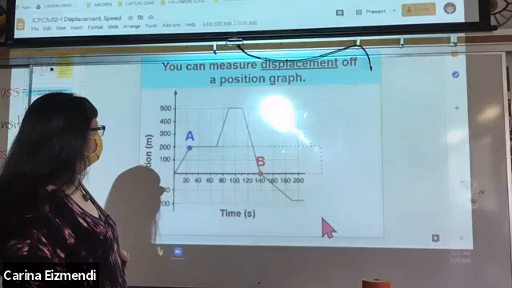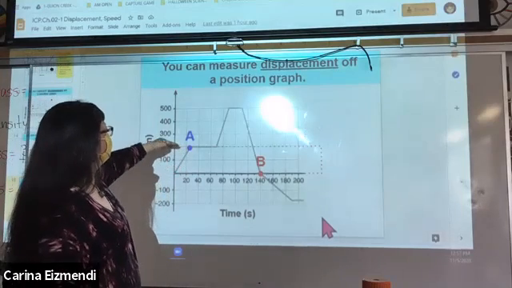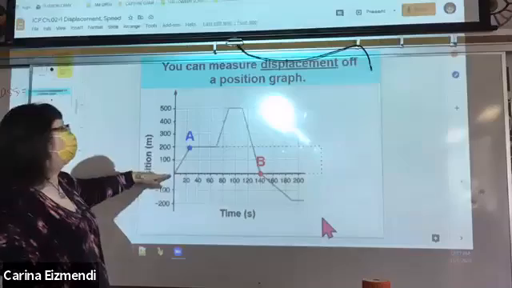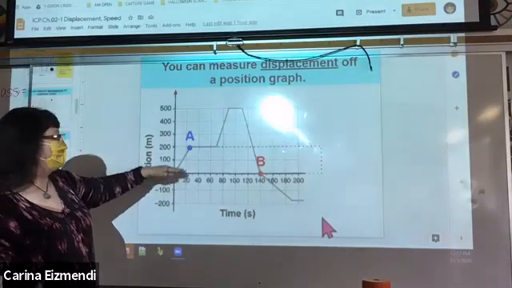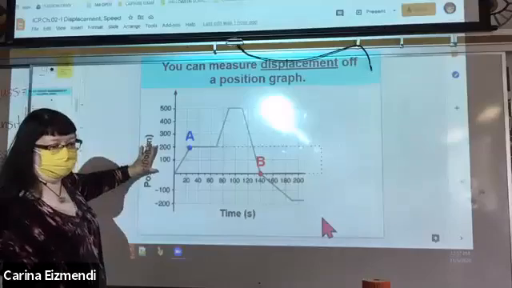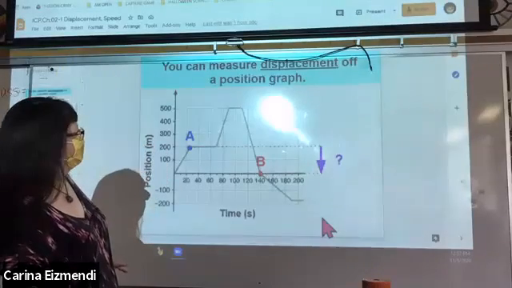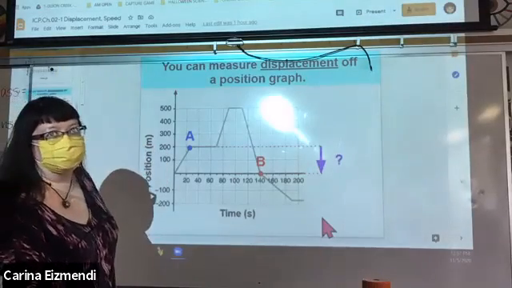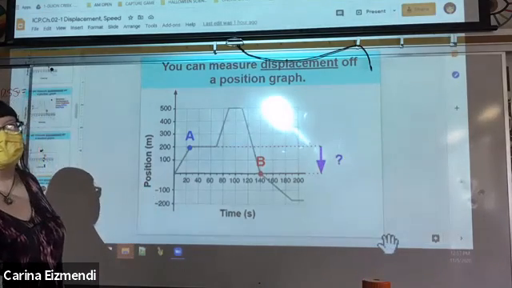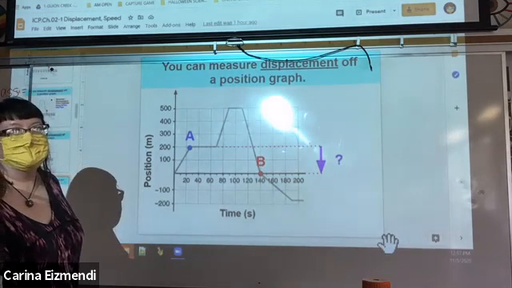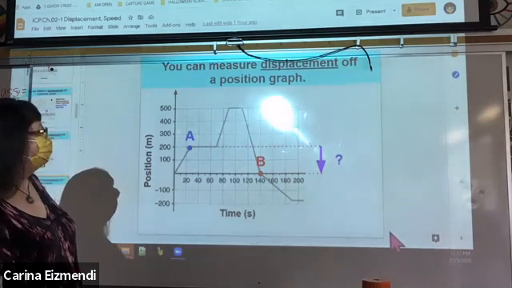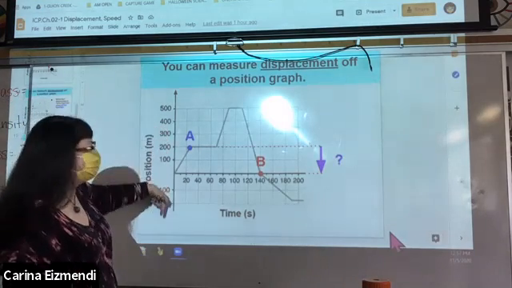So what you do is you look at the difference in y. What was the difference in position between this point and this point? It's this little bit, which is, what is that? I heard it. What is it? 200. And it's 200 down.